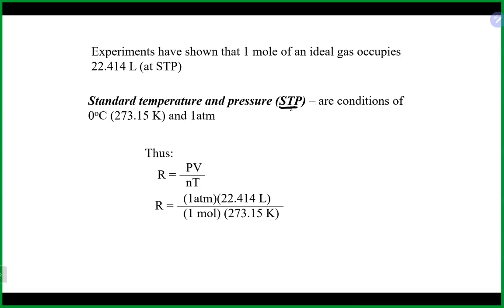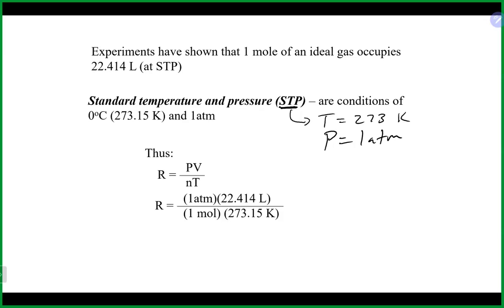When it says STP, the temperature is 273 Kelvin, and the pressure is 1 atmosphere. If you see something that says at STP and there are no real numbers, those are the numbers you should use for both the pressure and the temperature.